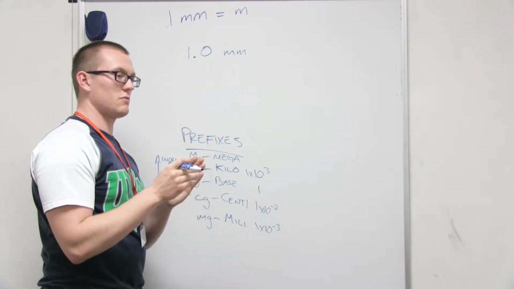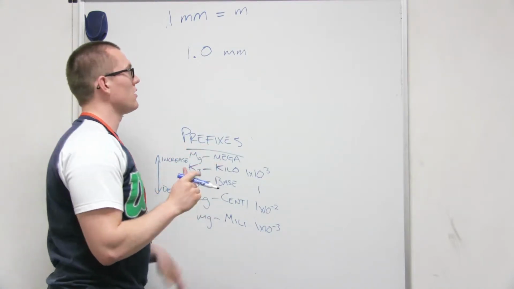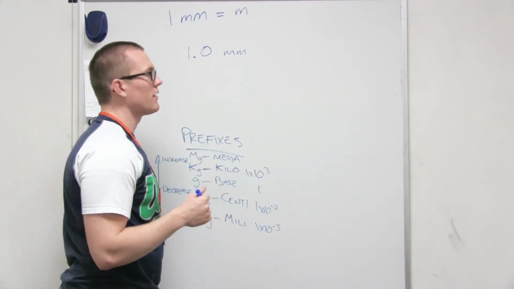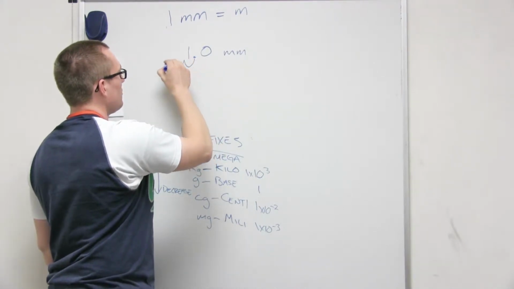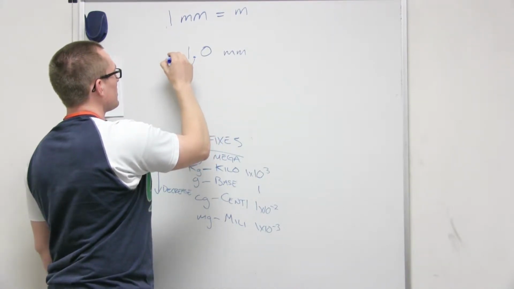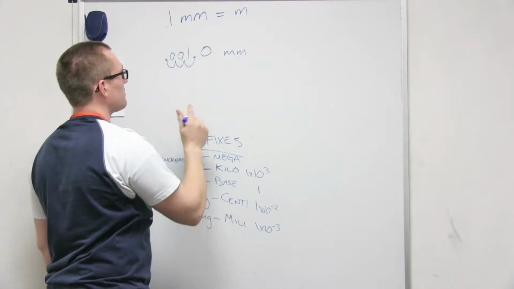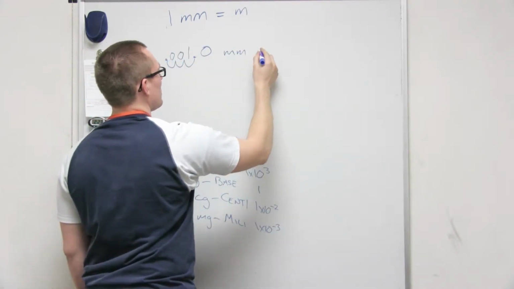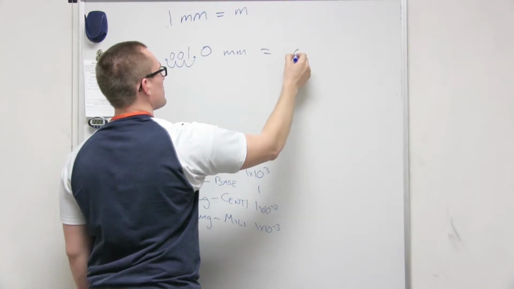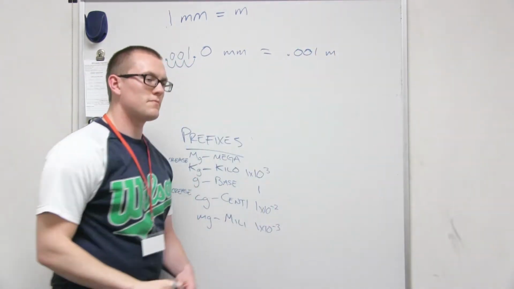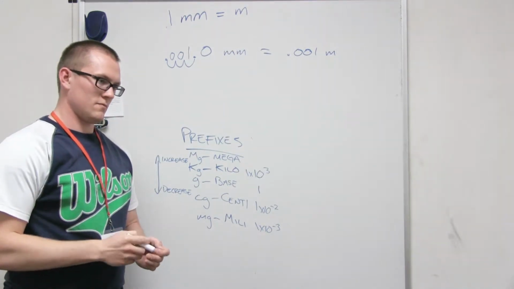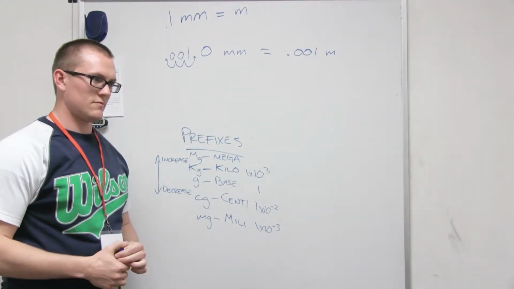And if you're going from larger to smaller, it's to the right. So you have 2 zeros in front of it. We move it 1, 2, 3. So this is where the decimal point would be, and we add these zeros to it. So this would equal 0.001 meters. Cool. Okay. Wow. That makes no sense.